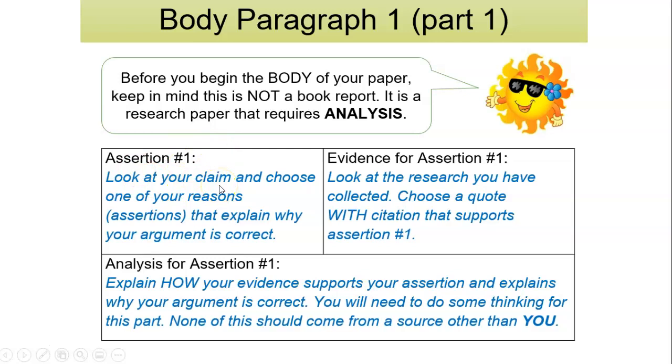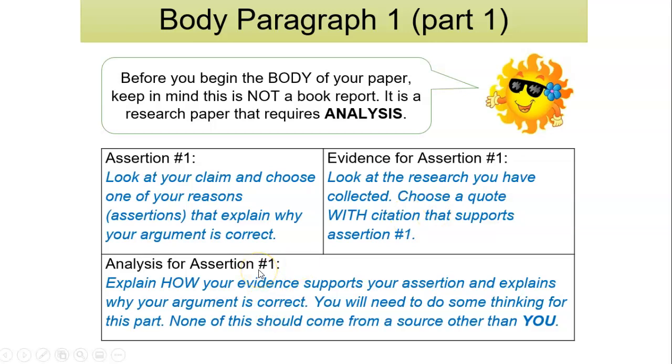That's from your introduction. So you're going to choose one of those reasons and explain it to me. Explain why your argument is correct. Then you're going to give me some evidence for that. Look at the research you've collected. Choose a quote with citations that support your assertion number 1.